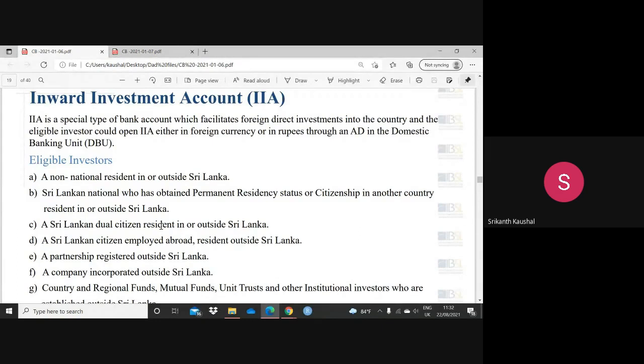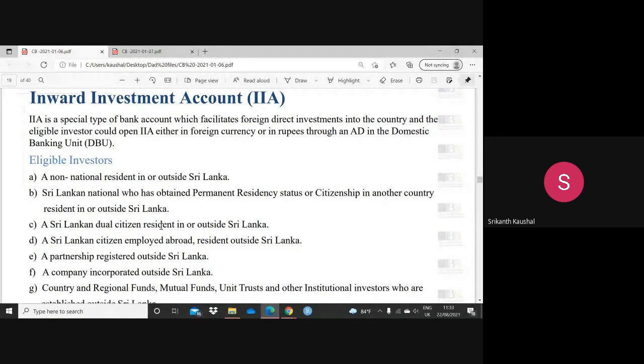Sri Lankans permanently living outside can also support the country because these are inflows. These are direct investments. This is the only way we get foreign inflow into the country. This is the only way. So you have to support this kind of scheme to bring more foreign exchange into the country.